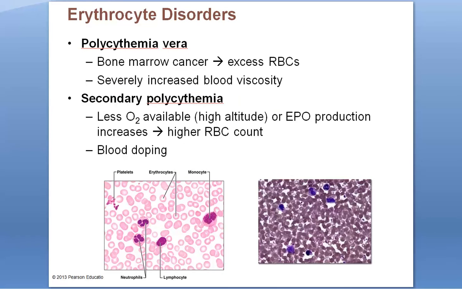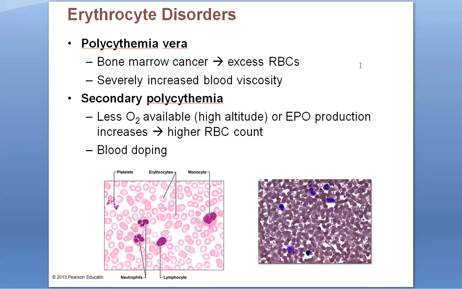Now another erythrocyte disorder, a red blood cell disorder, that's really the opposite of the anemias are the polycythemias. Poly means many, cyto means cell, and emia is a blood condition, so it's a condition where there are too many red blood cells, as you can see here in the slide on the right, as compared to the slide on the left.